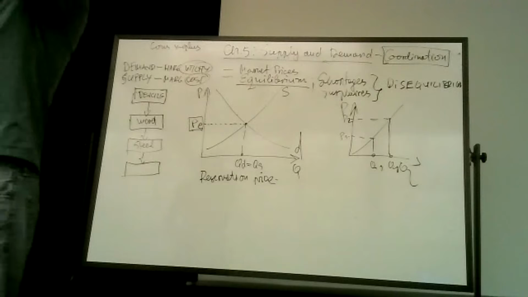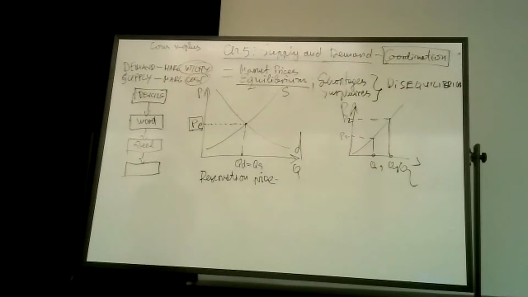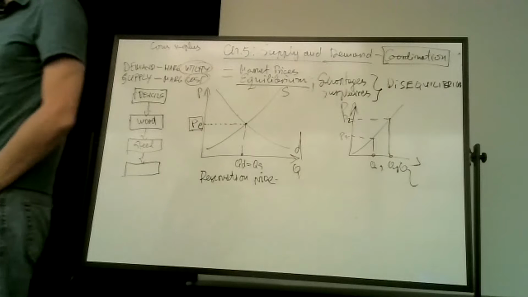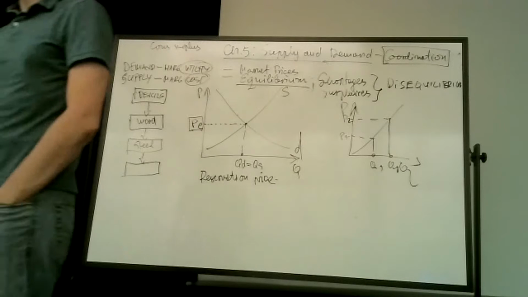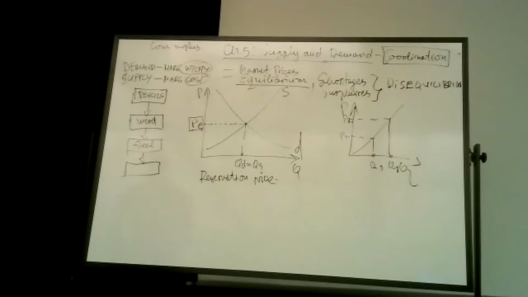How about the second unit, the second coffee? Would you be ready to buy the second one if your reservation price for the first one was 5 and the price is 3? Yes, because you like coffee.